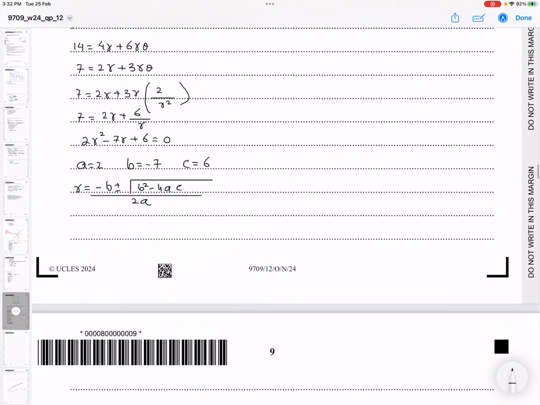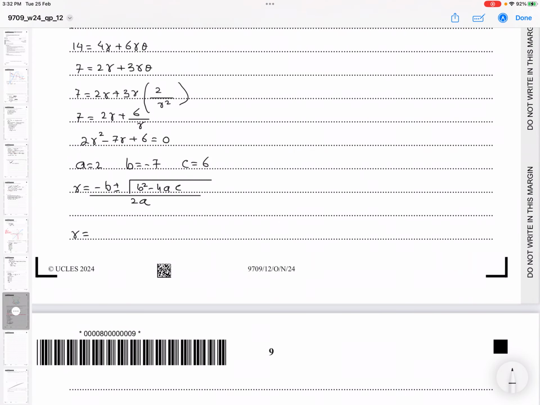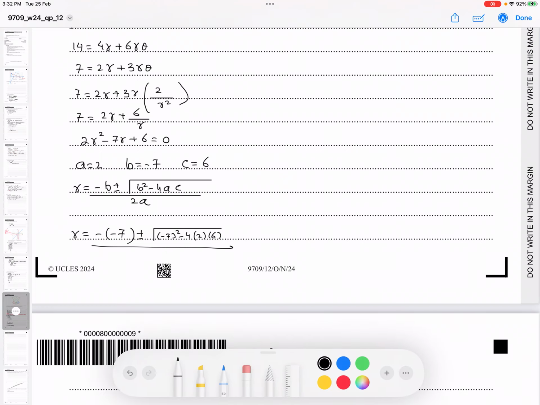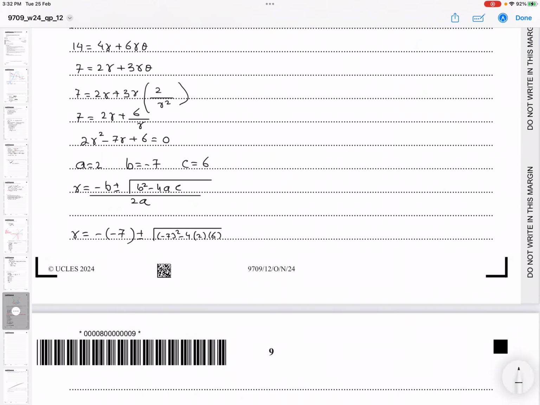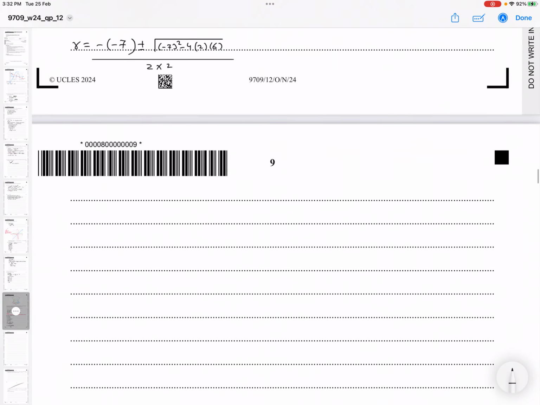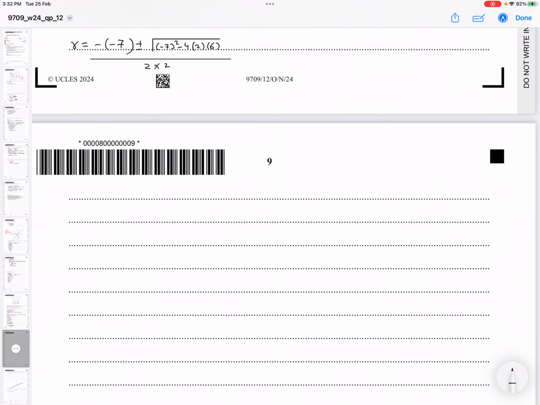So r equals minus minus 7 plus minus square root of minus 7 squared minus 4 into 2 into 6, whole over 2a, 2 into 2. So you use a calculator to simplify this. You will get r equals 3 over 2 or r equals 2.